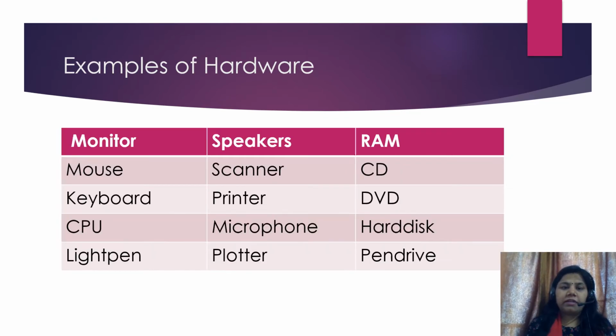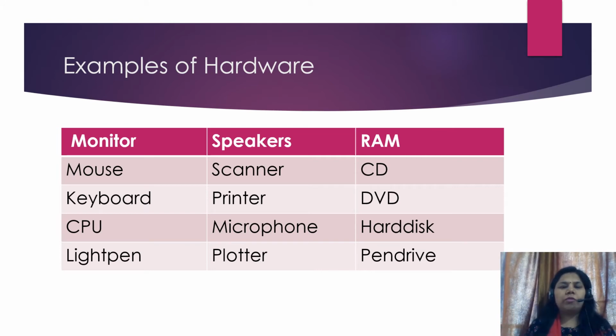Here are the examples of hardware: mouse, monitor, keyboard, CPU, light pen, speaker, scanner, printer, microphone, plotter, RAM, CD, DVD, hard disk, pen drive. All these are different types of hardware of the computer system.